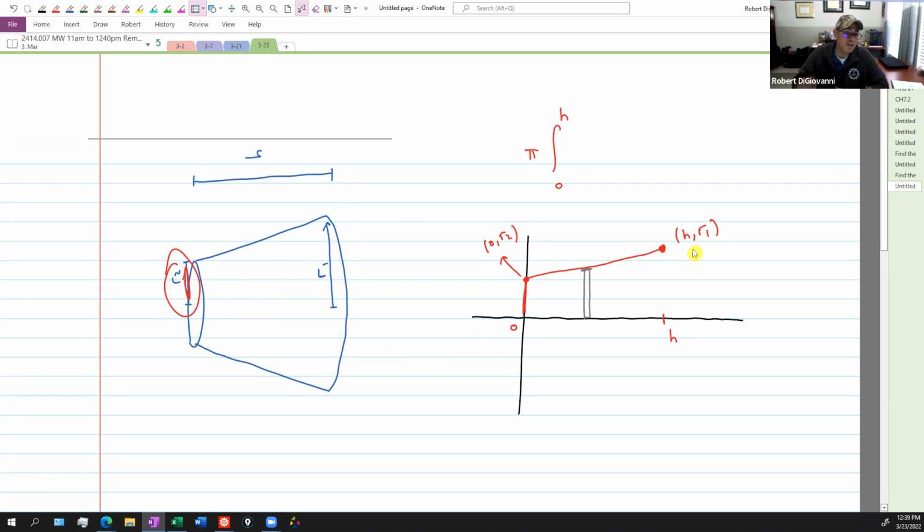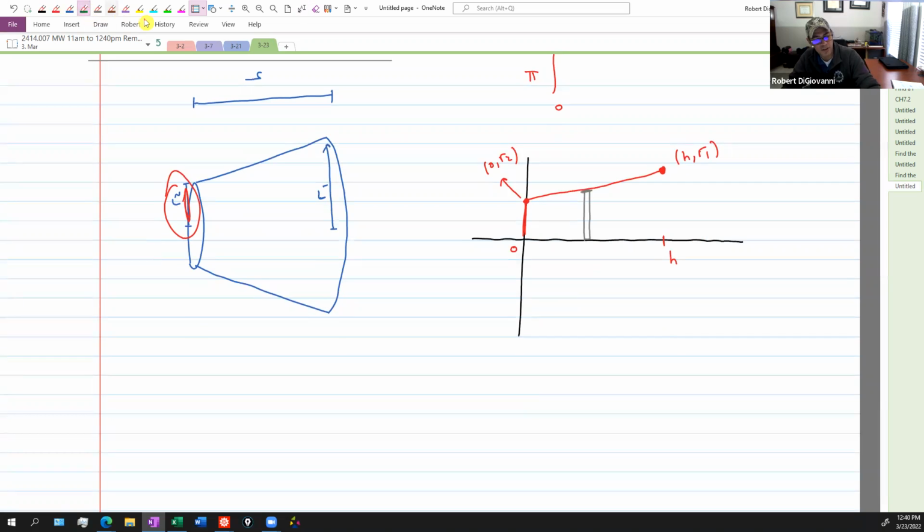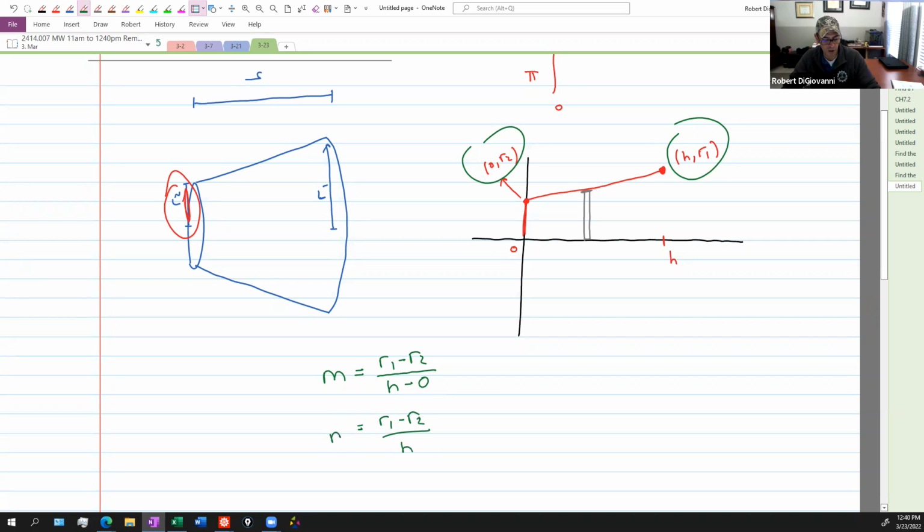If you have 2 points, can you find me the equation of the line between 2 points? It's college algebra, right? First thing you do is take the 2 points and find the slope. The slope would be the difference of the y coordinates over the difference of the x coordinates. That's your slope.